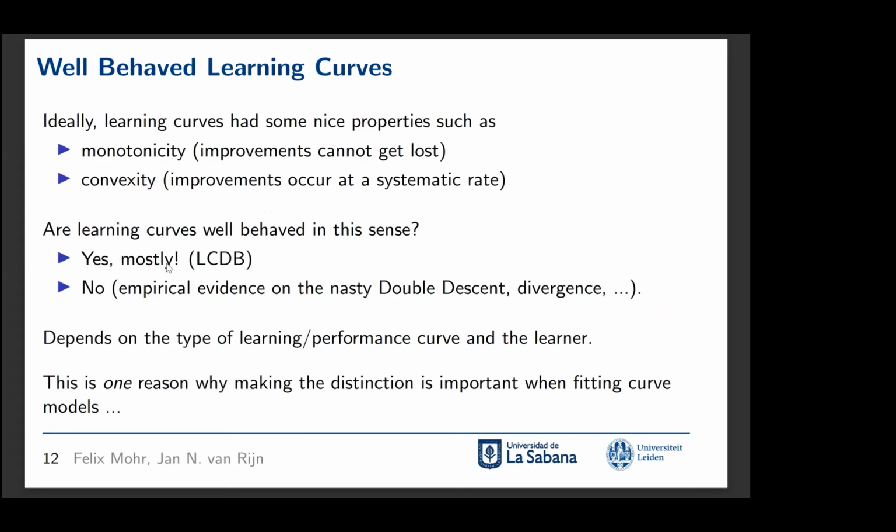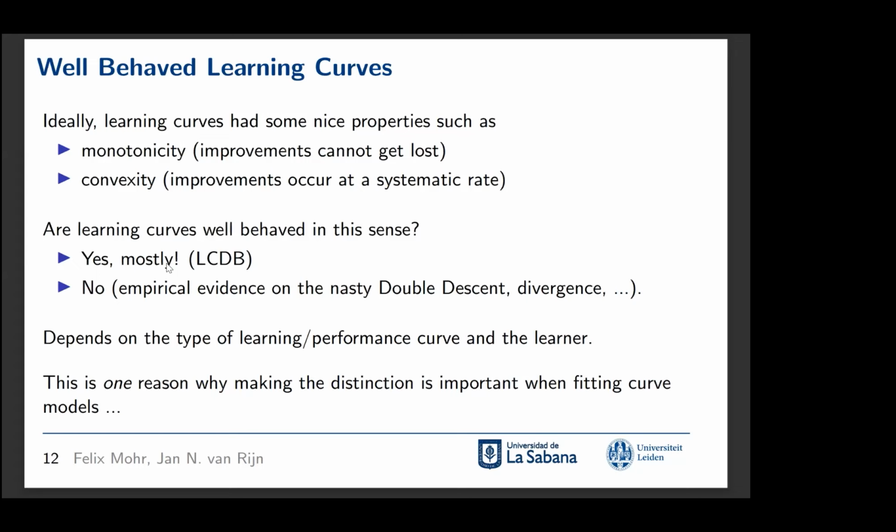So ideally, one property we would like to have fulfilled by learning curves would be monotonicity and convexity. This is what is often referred to as well-behavedness of learning curves. Monotonicity is clear. It just says once you obtain some improvement with your learner, you won't lose this improvement.